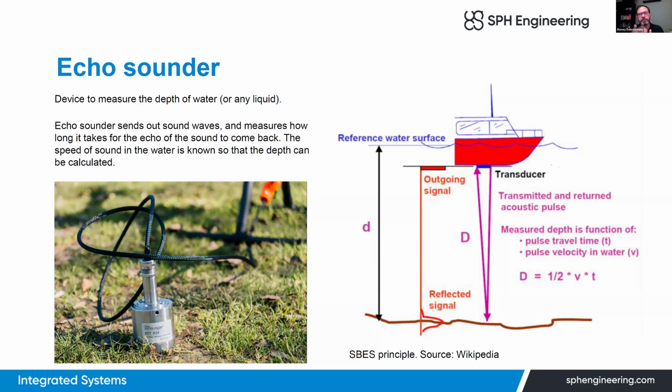Data from such a device can be used when you process echosounder data. But the principle is the same, very simple: emit the sound, measure the time, and recalculate time to depth.